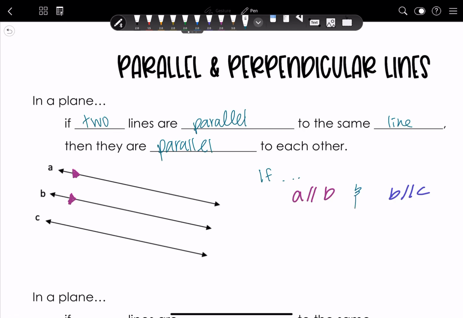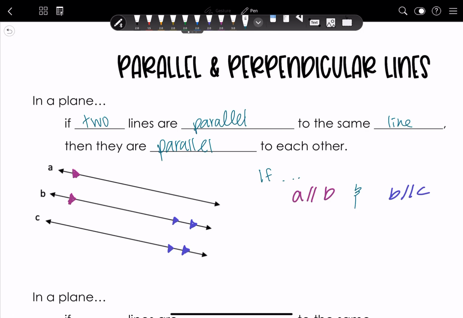Okay, so let's go ahead and label this up. So B is parallel to C. And notice I'm using two of the triangles this time because it's our second set of parallel lines.